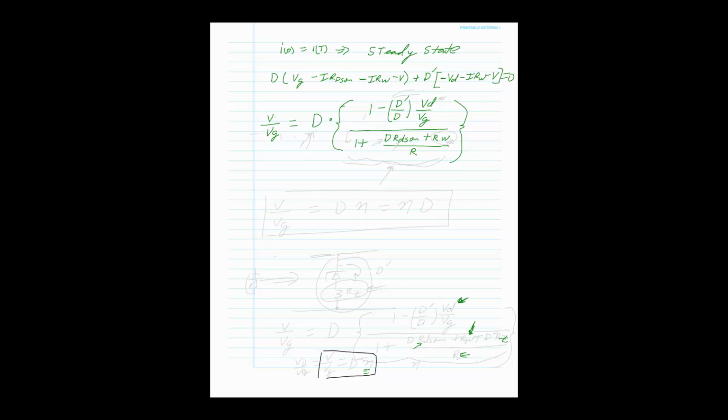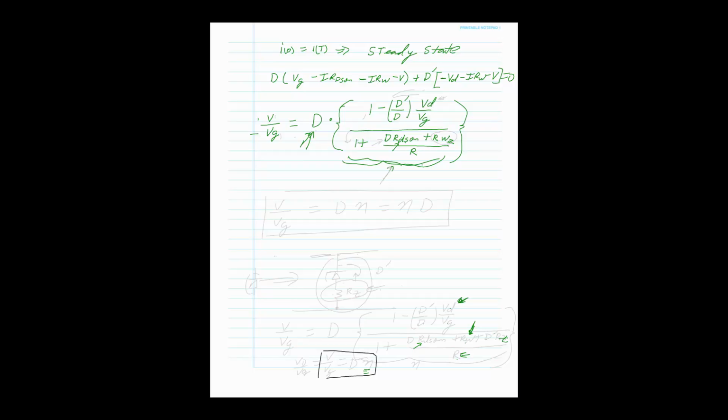So what is all this? That is the efficiency. Because ideally, remember no parasitics, V out over V in was D. But now we have this term here, which is the loss term. Think about this. If this were ideal, if the RDS on was 0, this term would be 0. And if the RW winding resistance were 0, that would be 0. So this bottom would be 0 and this would be 1.